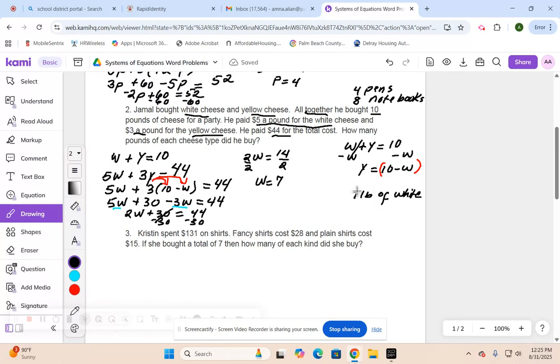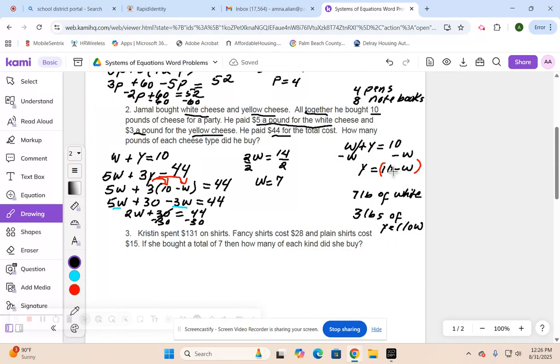Okay, we just have to find now how many pounds of yellow cheese did he buy. So we're going to come back over here and replace W with 7. So if W is 7, 7 plus what number is 10? Obviously it's 3, right? So that means he bought 3 pounds of yellow cheese.